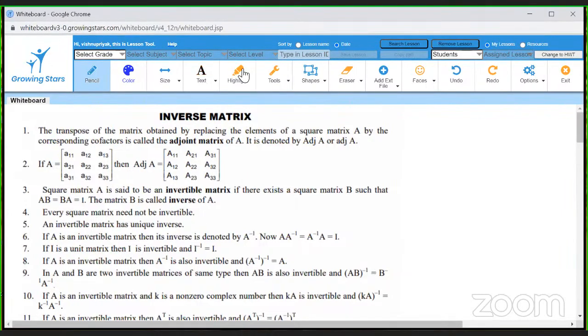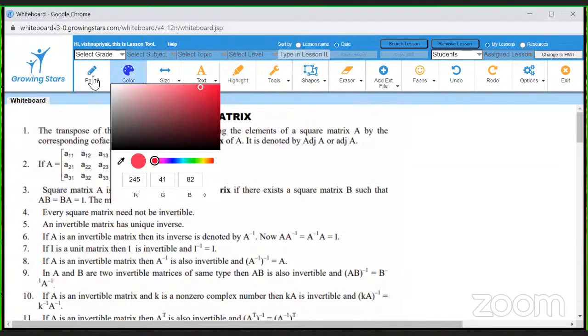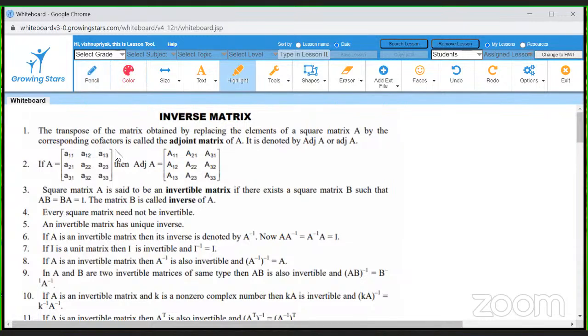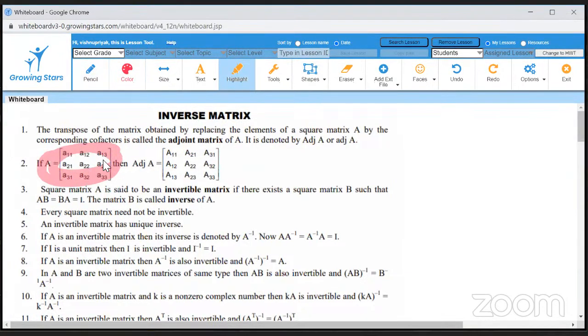Okay. So now you will get the adjoint matrix and the cofactor matrix, 2 types of matrix. How? I'll tell you. Suppose this is matrix A. If you want the cofactor matrix, how to write it?